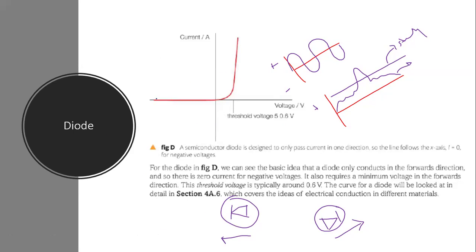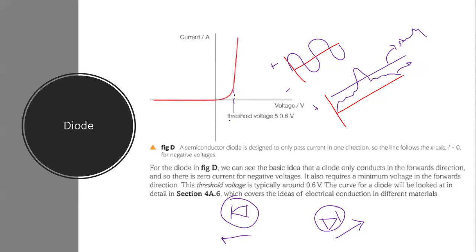This is what the curve for a diode is going to look like. So you can see that when my voltage is negative, there is no current traveling through that particular diode. When my voltage becomes positive, the current passing through the diode initially increases slowly.